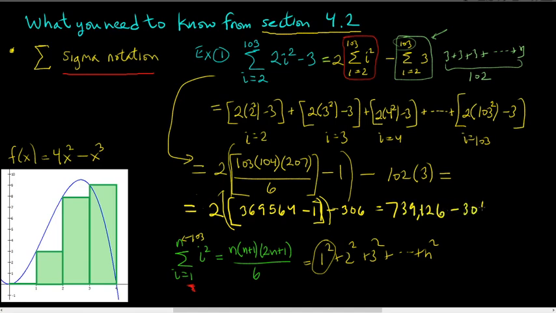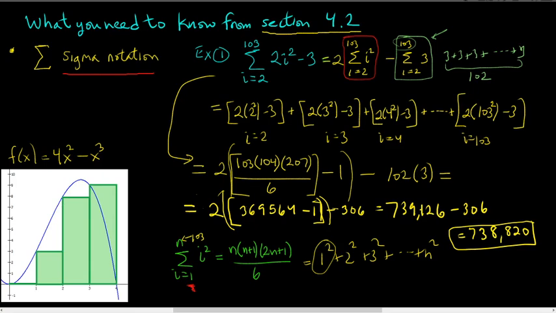And then minus the 306, which gives us 738,820. Okay, so yep, I know we did problems like this before, but this is what you absolutely should know from 4.2. The other thing is just how to calculate the area of a bunch of rectangles, right?